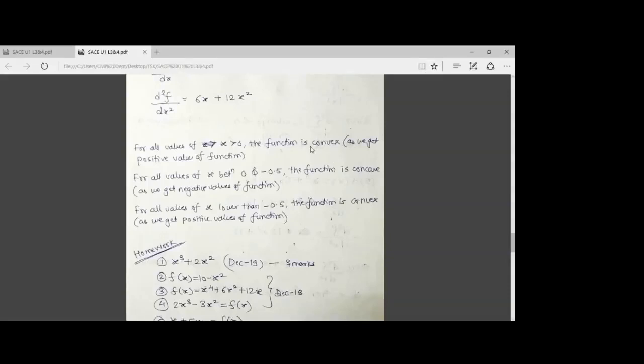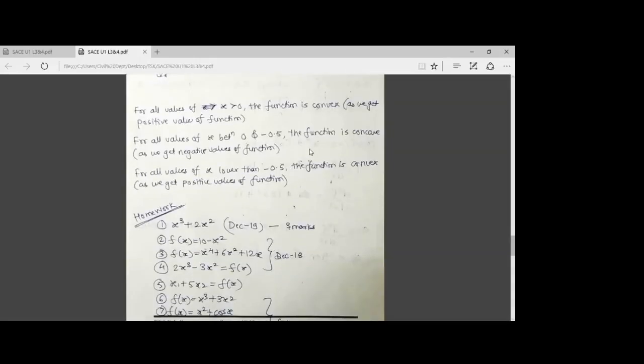It is not a strictly convex function, because it is not satisfying the relation for all the values of x. With a positive value, it is a convex function but not a strictly convex function. Again, we have seen the values changing when x is put between 0 and minus 0.5, where we get negative values, and the function tends to be concave in this range.